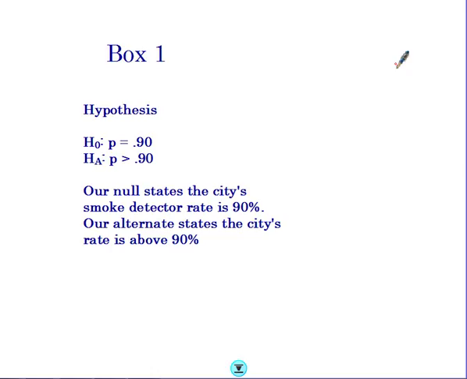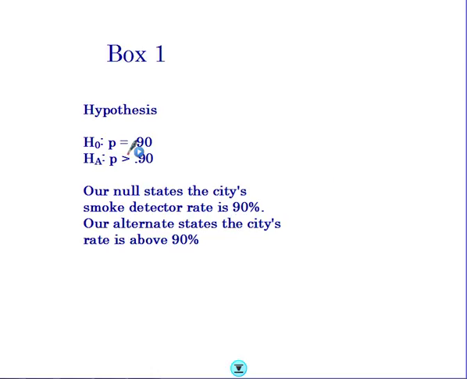So remember, the null basically claims that no, it hasn't made it bigger, so we just assume it stayed at 90. We assume everything's normal, nothing's changed, it's 90. The alternative, though, is stating, yeah, the proportion is going to be above 90%.